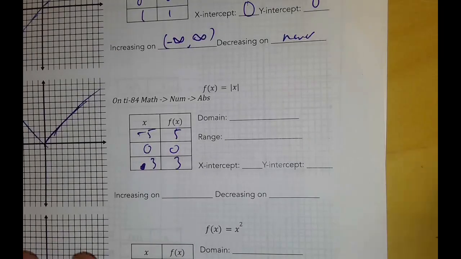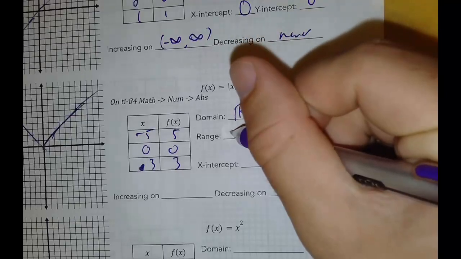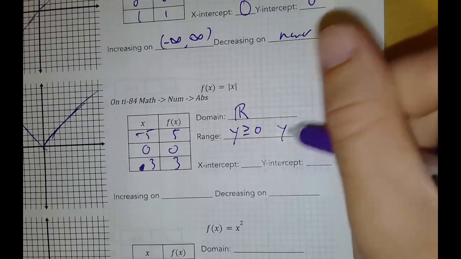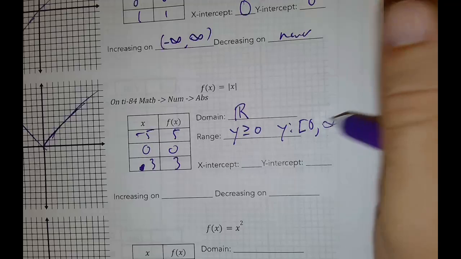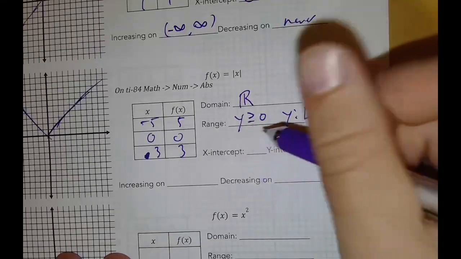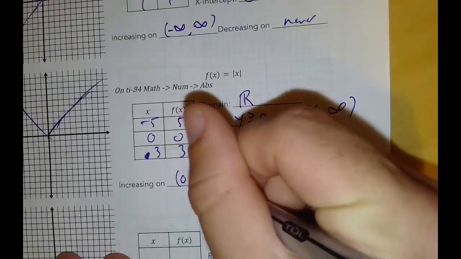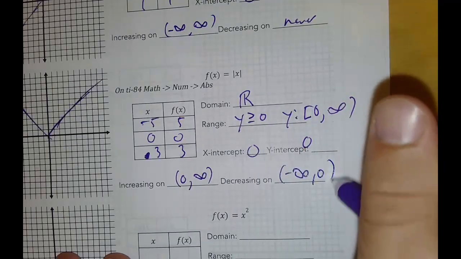Again, the domain is all real numbers, but the range is y must be greater than or equal to 0, or we could say y is 0 to infinity. Either of those is fine. X-intercept 0, y-intercept 0. It's increasing from 0 to infinity, but it's decreasing from -infinity to 0.